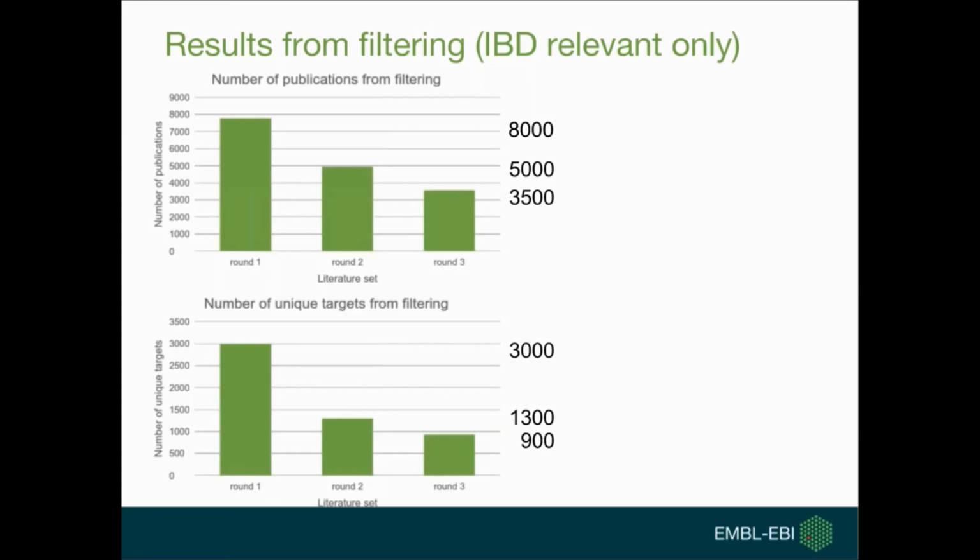This graph shows the results from our filtering. In the first graph, you see that we reduced the number of publications from 8,000 to around 3,500 articles. And in the second graph, you can see that we managed to reduce the number of targets from 3,000 to around 900.